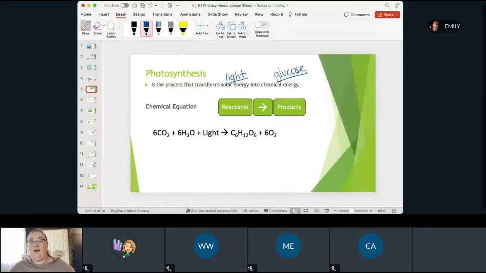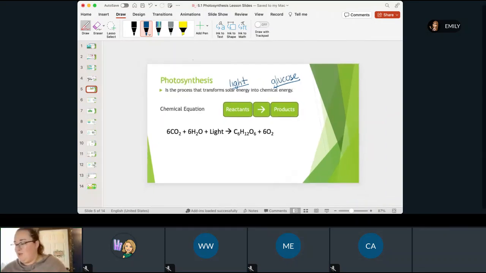So, remember back 2 units ago when we were talking about biomolecules, and we started talking about the parts of a chemical equation. We talked about reactants and products. Well, quick reminder, reactants are what go into the equation. Okay, so these, I keep zooming in on that.